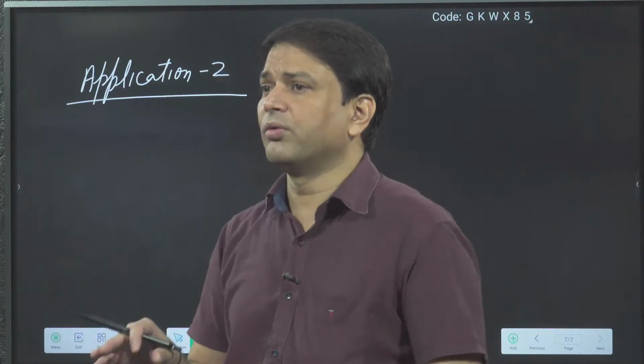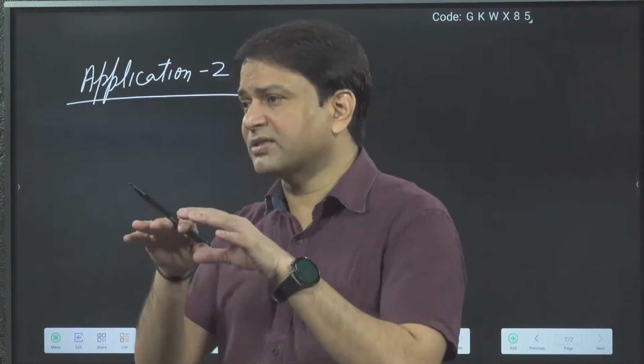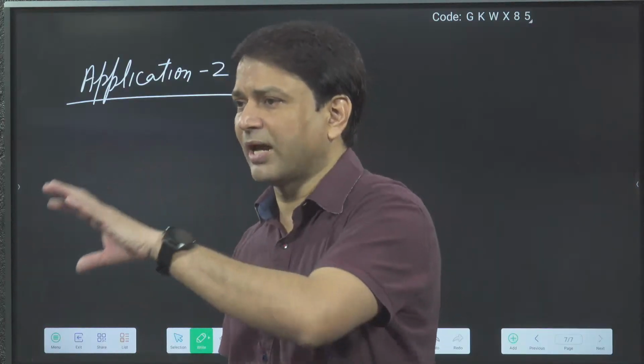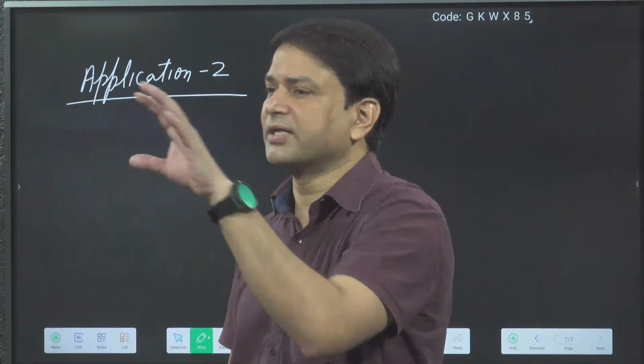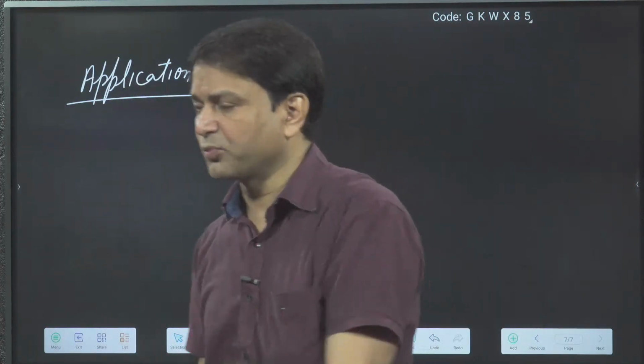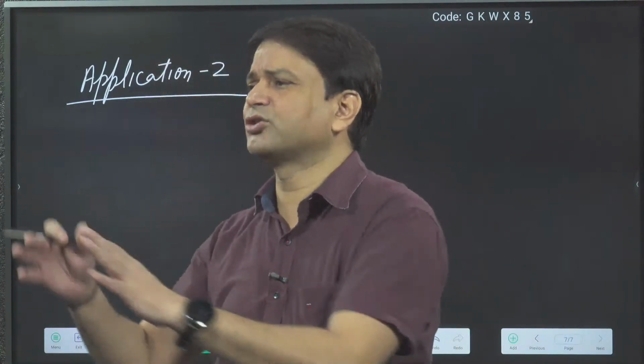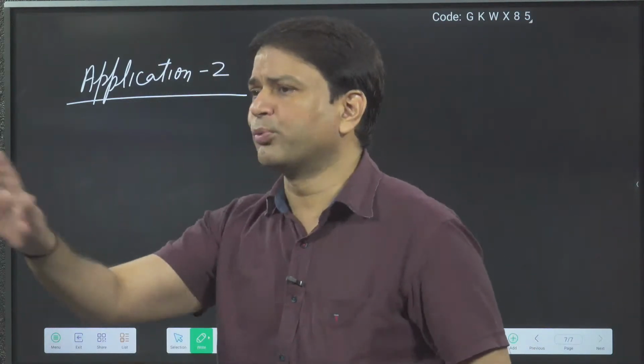So what is application 2? We can establish the relation between different physical quantities by using dimension. One example is Einstein's equation E is equal to mc square. There is no proof of that.